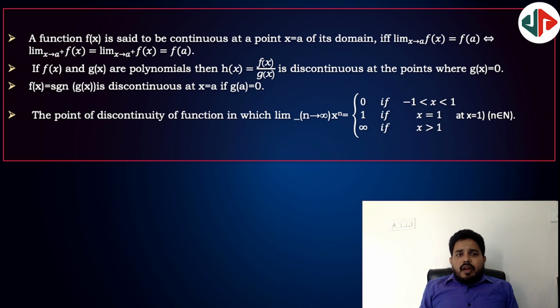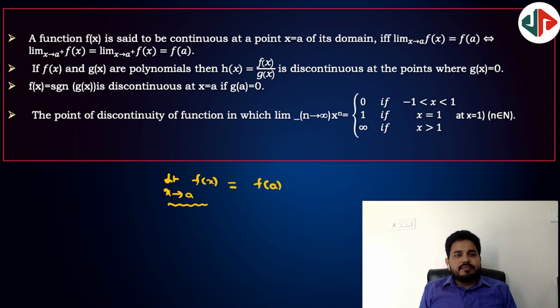So, what is continuity? Already we discussed what is the limit and everything. So, if the limit as x tends to a of f of x, this is called the limit value, is equal to f of a, then the function is said to be continuous.